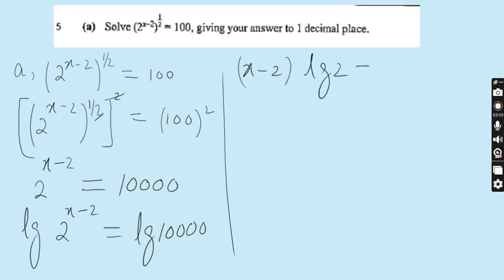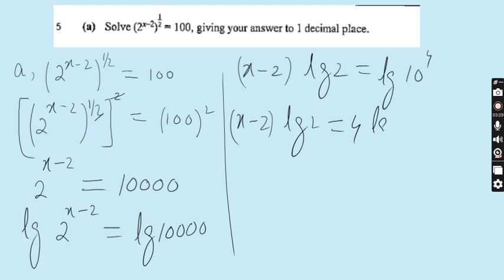You can write log 10,000 as 10 power 4. So x minus 2 times log 2 is equals to 4 log 10.